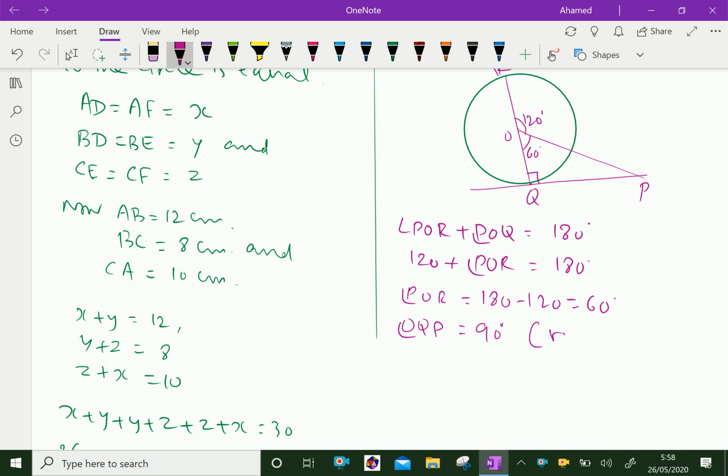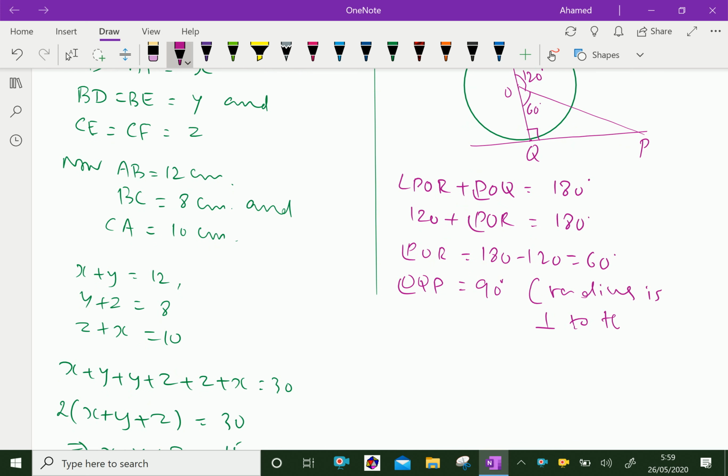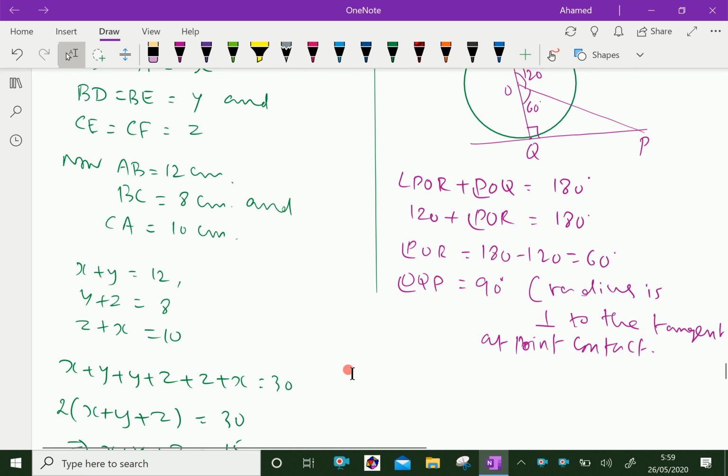Since the radius is perpendicular to the tangent at the point of contact, here this is 90 degrees.